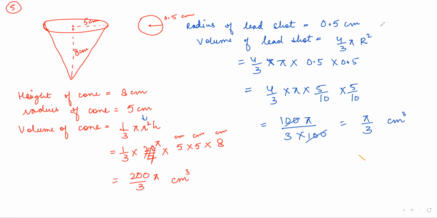Yeah, pi r cube. One mistake I've done. I'm sorry. It was pi r cube. So one more 5 by 10 you will be having. So one 0 will remain. Pi by 30 centimeter cube. Is that okay?